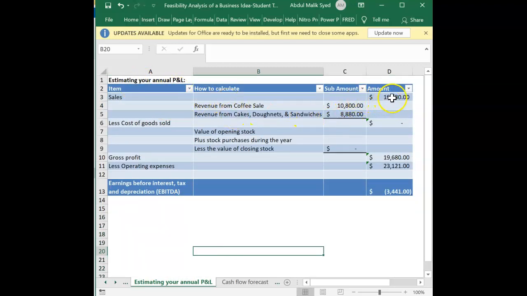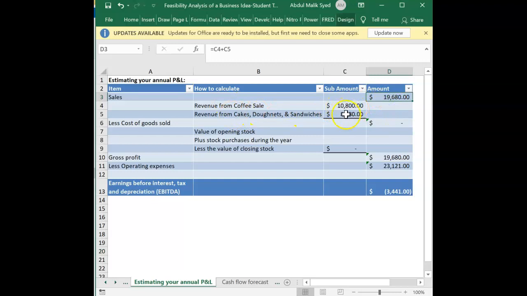The template already takes this into consideration because I have linked the sales. The sales is simply adding these two here, and then bringing the revenue from coffee sale into this worksheet. I'm linking it here.